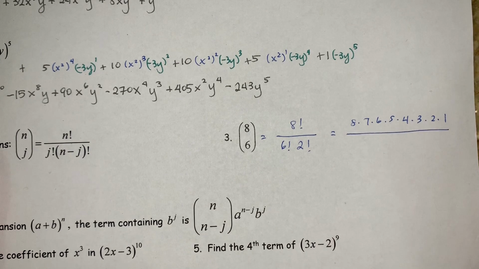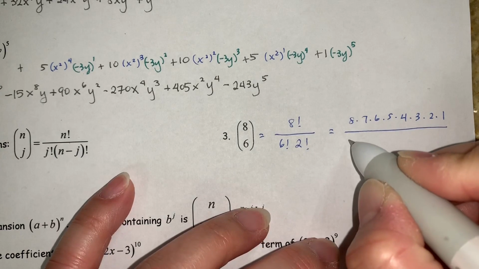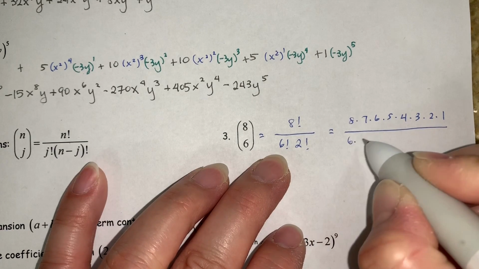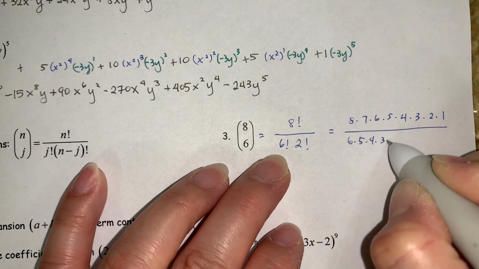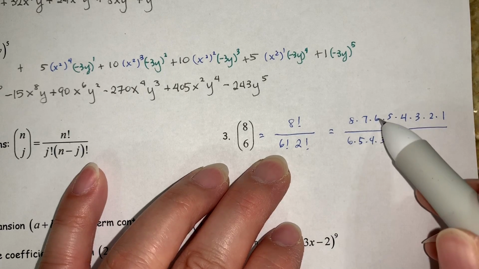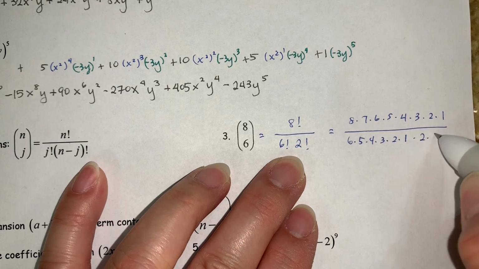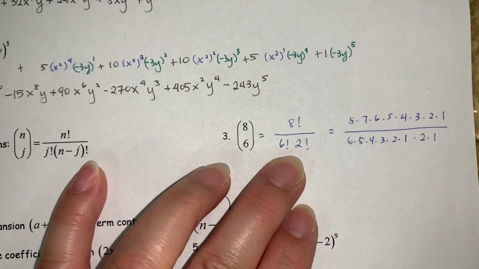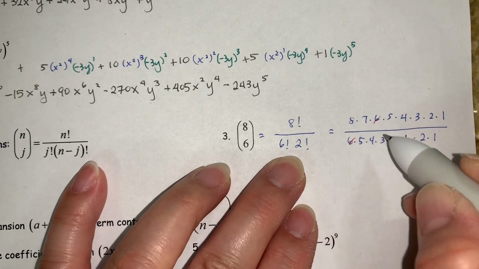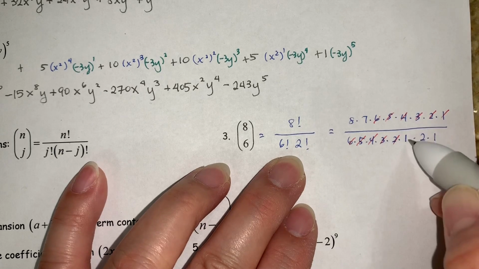If you remember how to do this from past years, then you can go ahead and use a shortcut. The first one has 6 factorial, so 6, 5, 4, 3, 2, 1. You will notice that these are all the same. So yes, these can all be canceled out. But don't forget you have a 2 factorial, so 2 times 1 here. So what I would do is I would cancel out 6, 5, 4, 3, 2, 1.